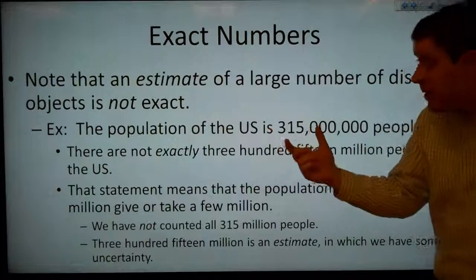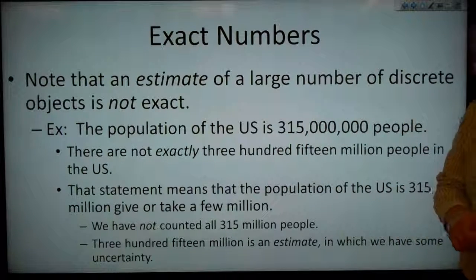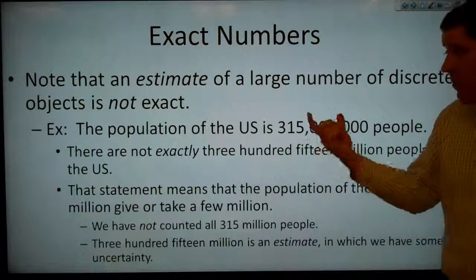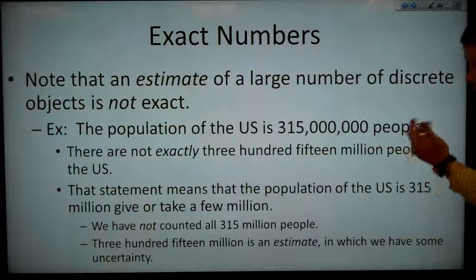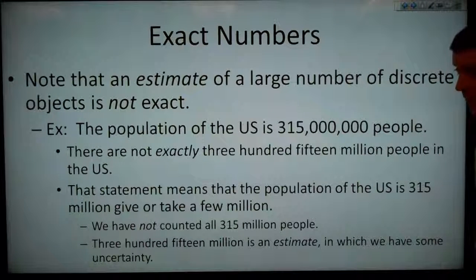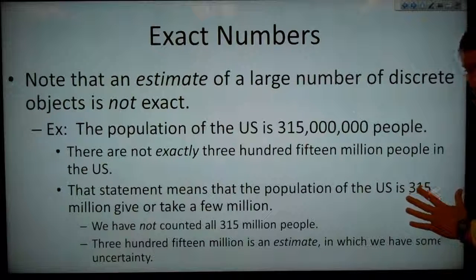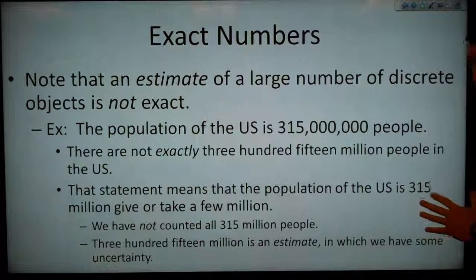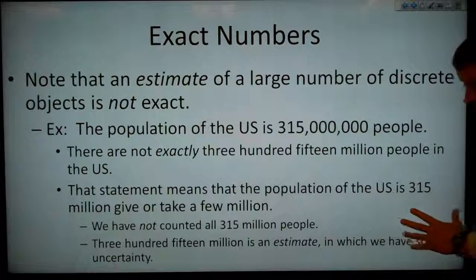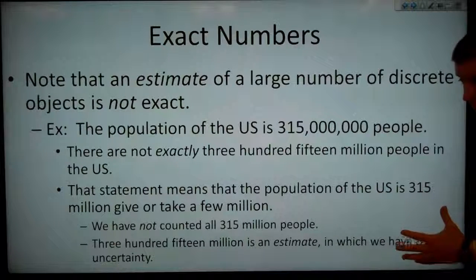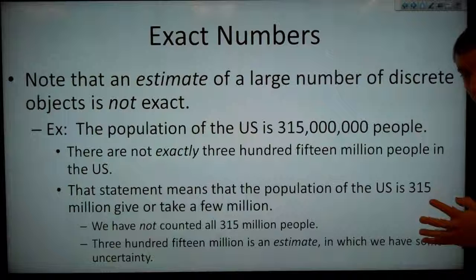Note that an estimate of a large number of discrete objects is not exact. So the population of the US is 315 million people, but there aren't exactly 315 million people, plus or minus 0, in the US. This statement means that the population of the US is 315 million, give or take a few million.